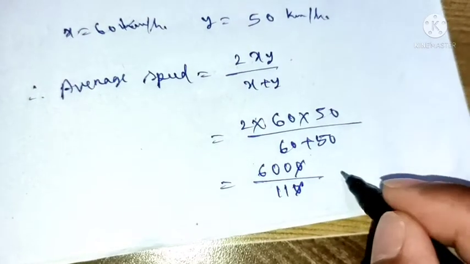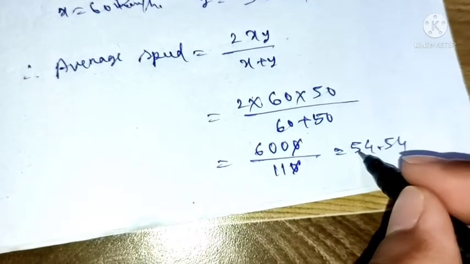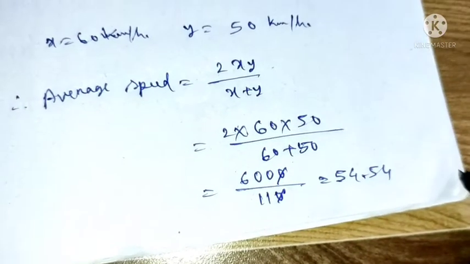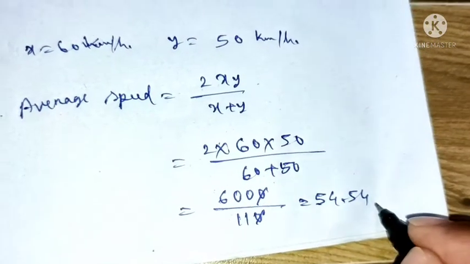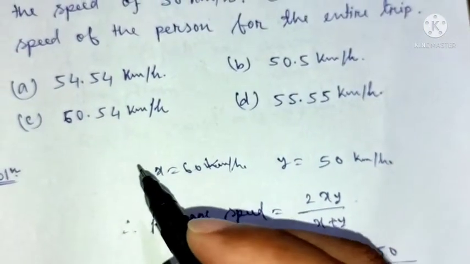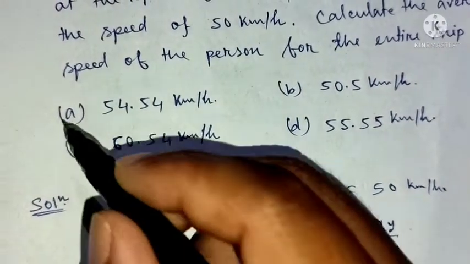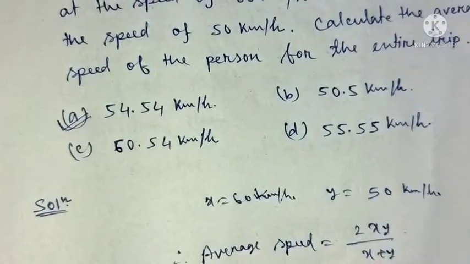If you divide 600 by 11, then you get 54.54 and something more in decimal points. So we have kept 2 decimal digits, and as there is an option, your answer will be option A. This is the correct answer.